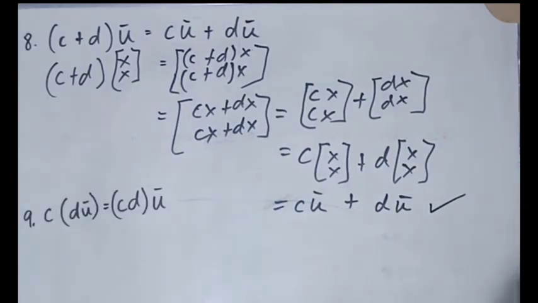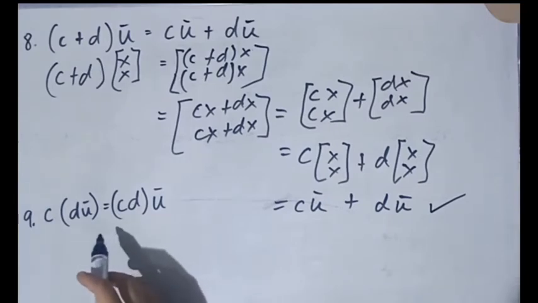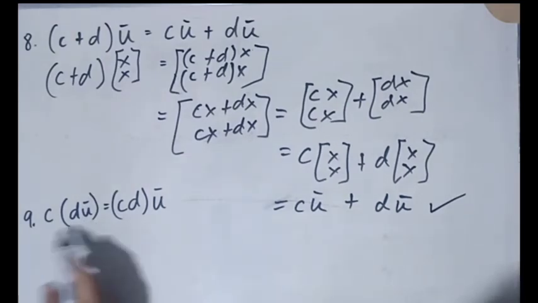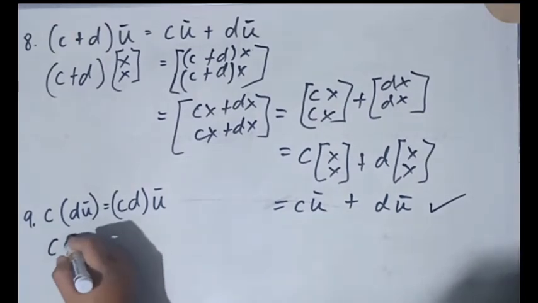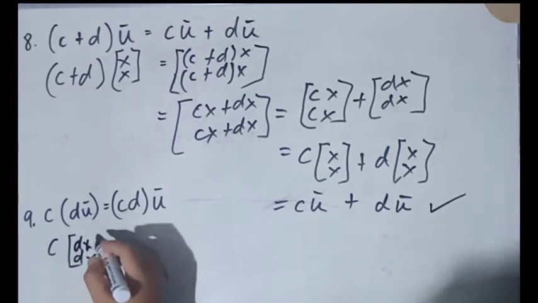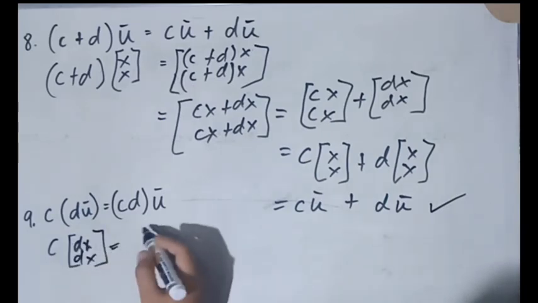Next property, we're going to prove that c multiplied by dU is also the same as cd times U. So we know that this is the same as c times d, where our U is (x, x), so d(x, x). Next, we have to distribute c.